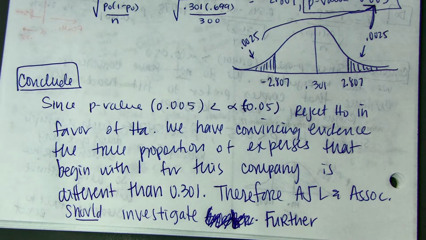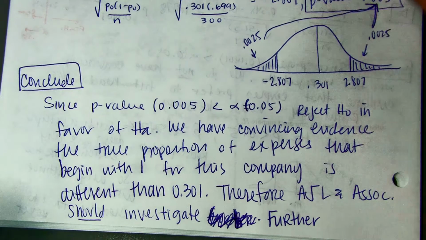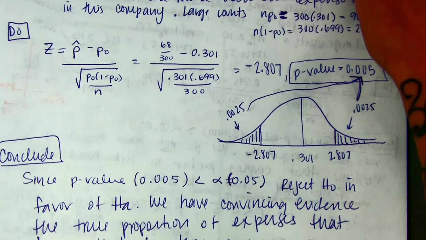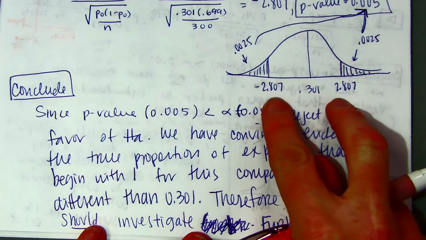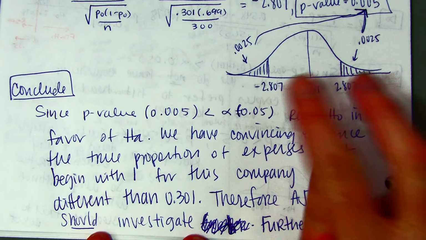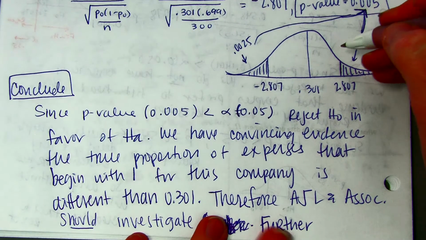Okay, so I want to mention 2 things. One last thing about this problem is with regard to the picture and the significance level. We have a significance level of alpha equal to 0.05. When I have a two-tailed test, that means that the alpha value has been divided in 2.